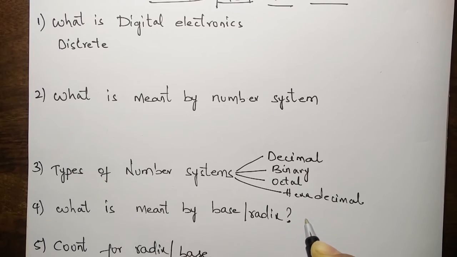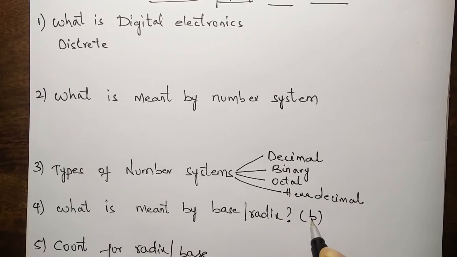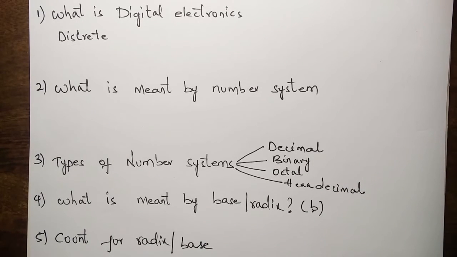It is usually represented with a small letter b. So this is a value which represents the total number of symbols in that club of digits. How do you count the radix or base?